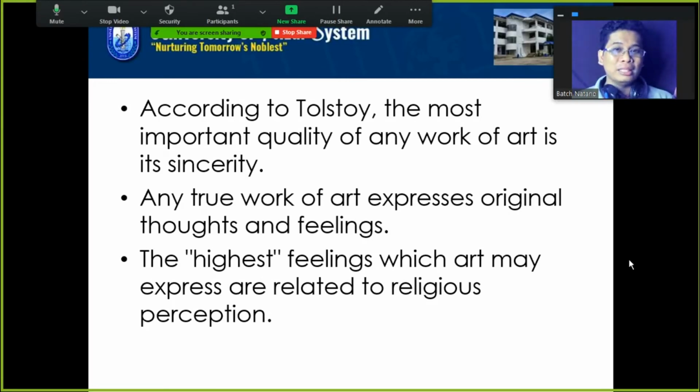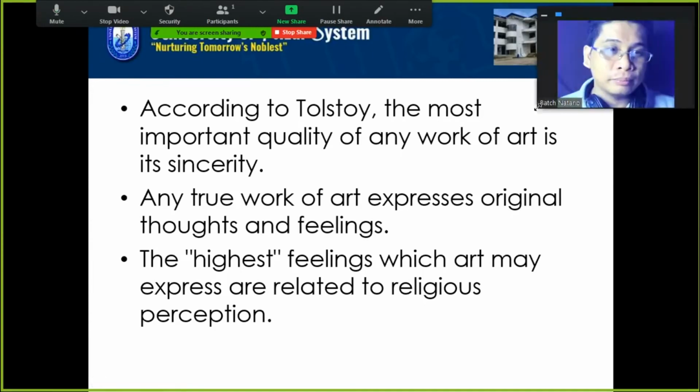Kasi nga, moral value ang tinitingnan niya. Any true work of art expresses original thoughts and feelings. The highest feelings which art may express are related to religious perception. So, hindi pa rin natin maiaalis yung moral values talaga yung isa sa mga pinupunto ni Leo Tolstoy.